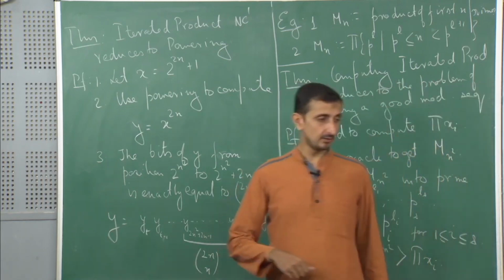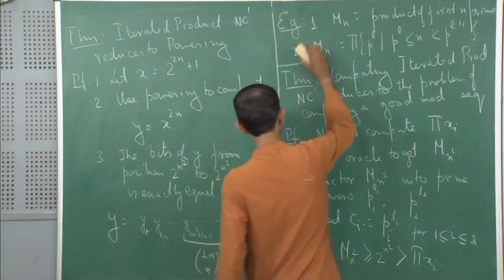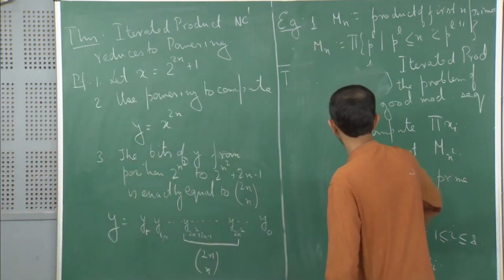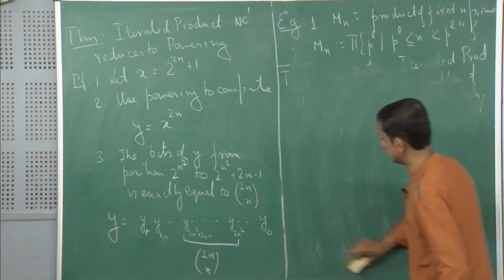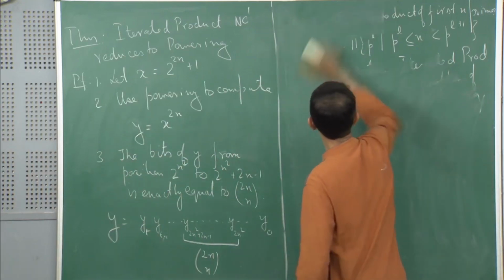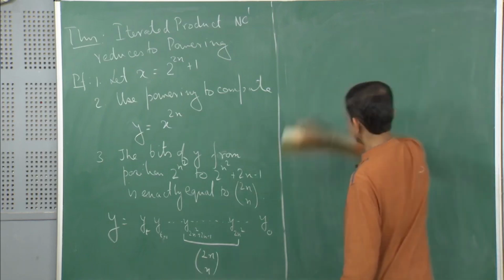Now, why is this important? What is special about 2n choose n? 2n choose n is actually a good modular sequence. I will just leave the remaining as an exercise.